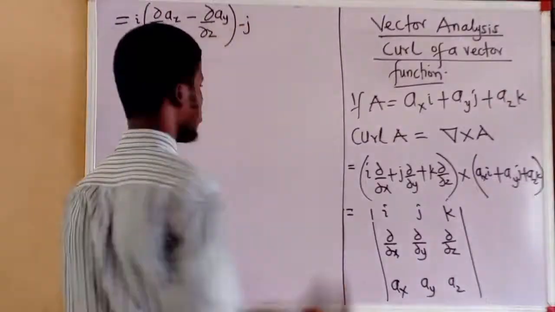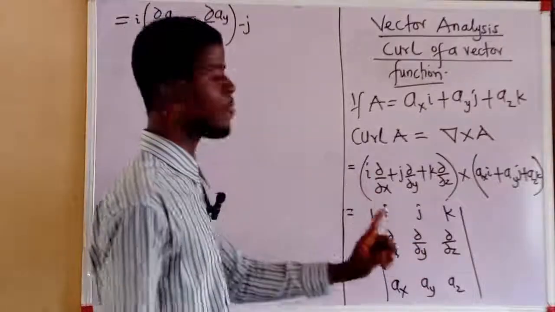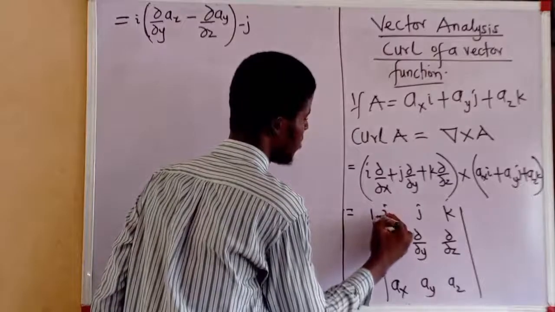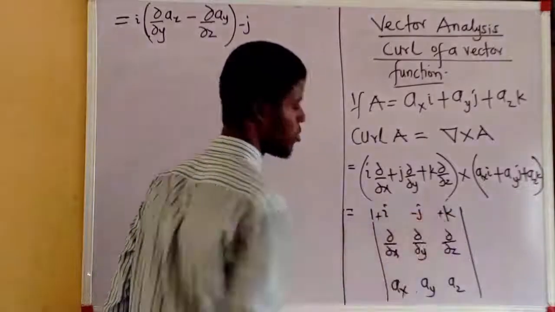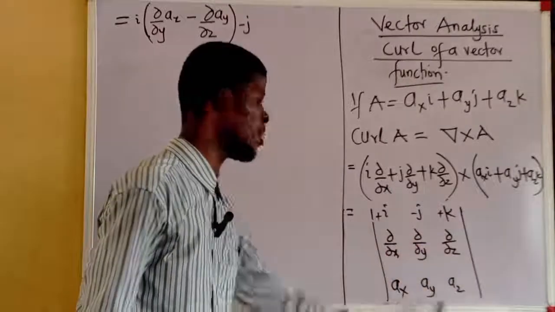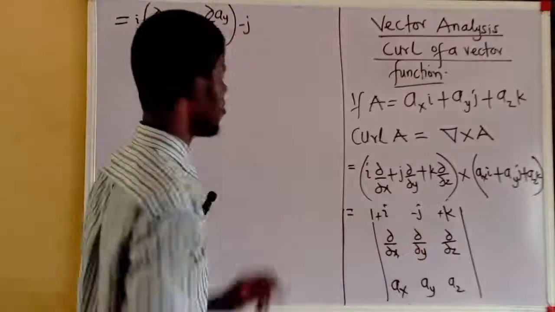Minus j, this is the j. For the determinant of a 3 by 3 matrix, the first element has a plus, minus, plus, and so on. So j here has a minus. That's why it is minus here.